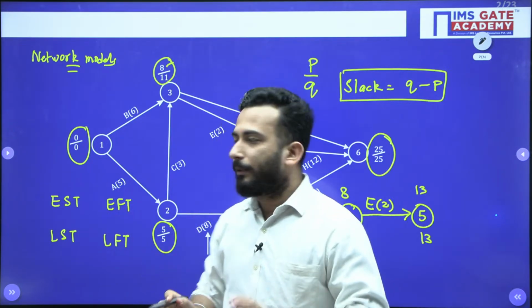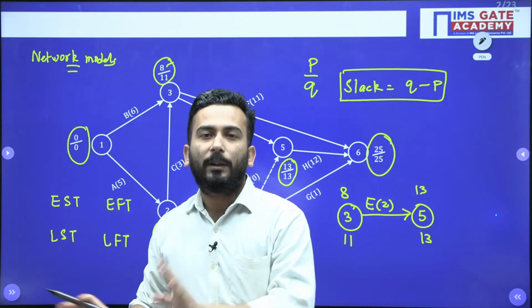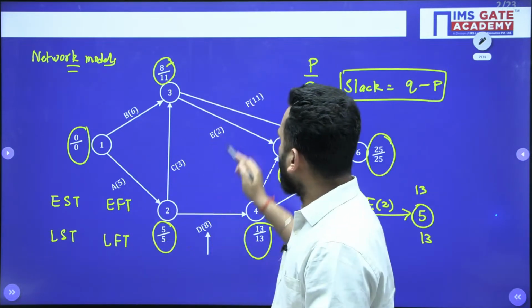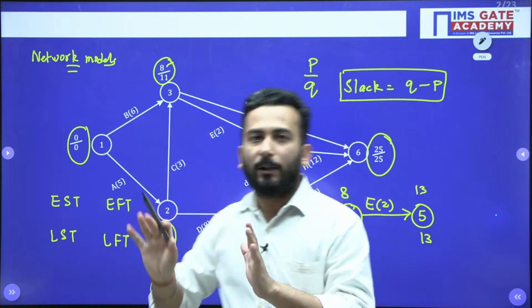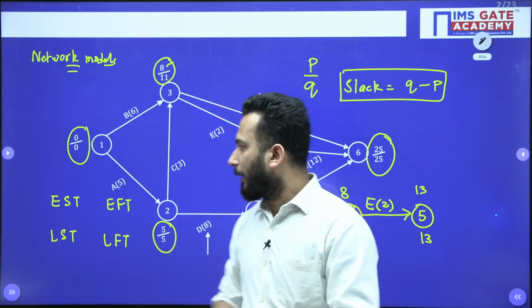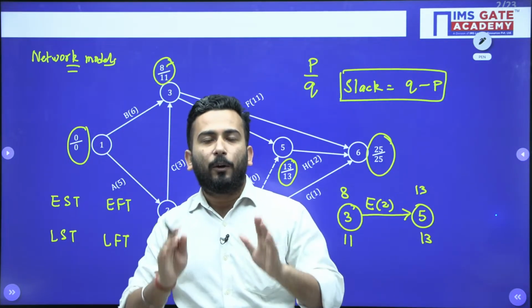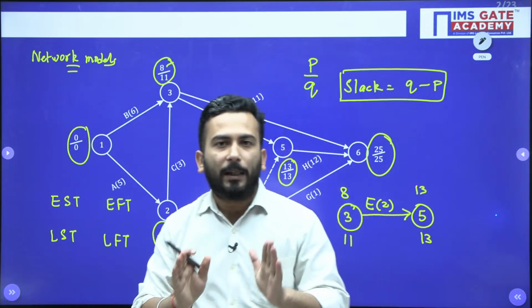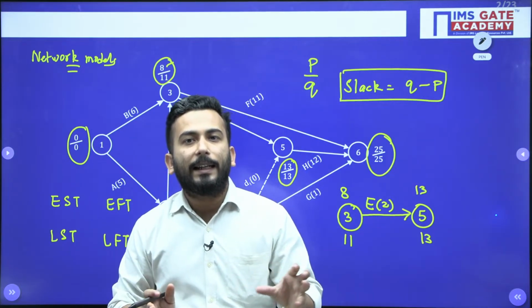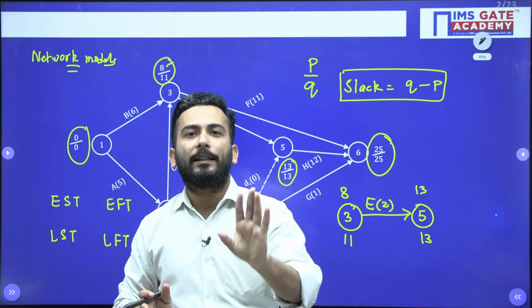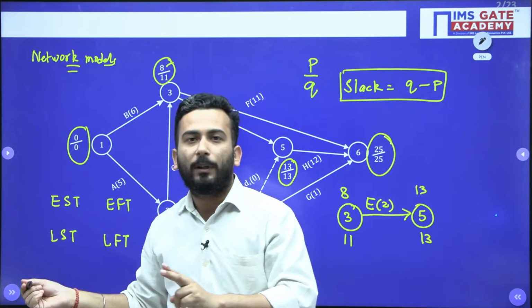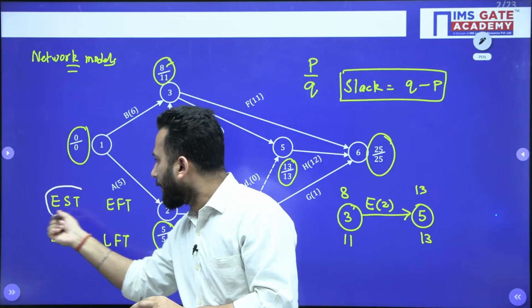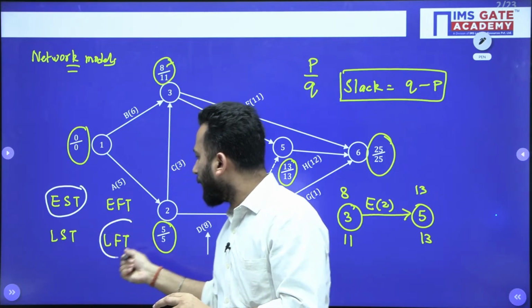My dear friends, we have to calculate all these 4 time estimates. Now suppose you have done the forward pass and backward pass computation. Fine, good. Now remember always, from the forward pass and backward pass computation, you are getting 2 of these 4 times ready-made, and those are EST and LFT.